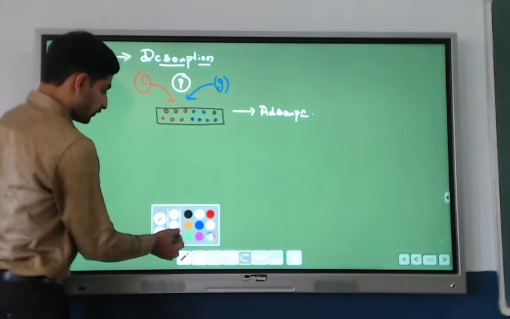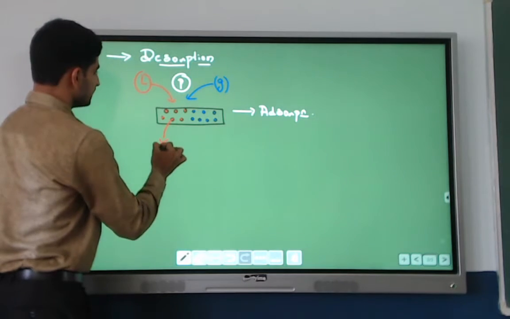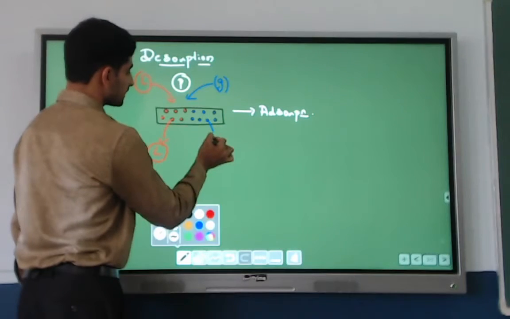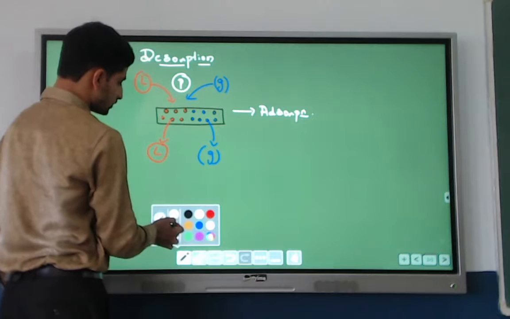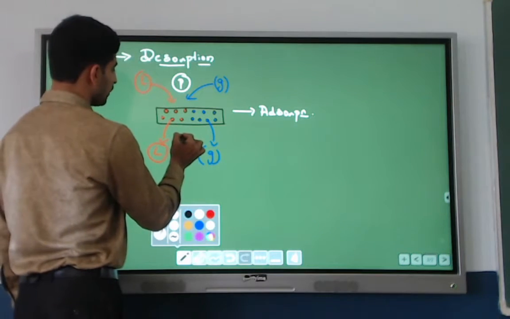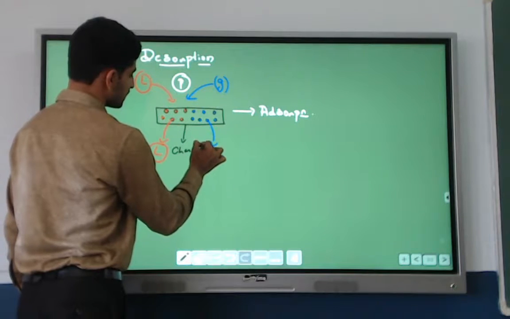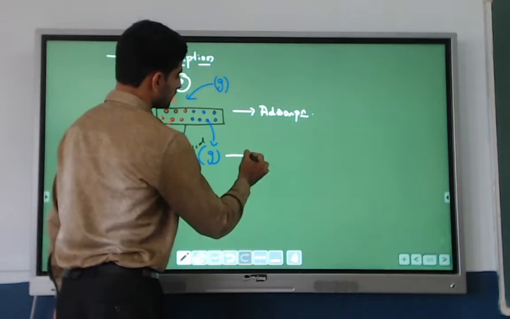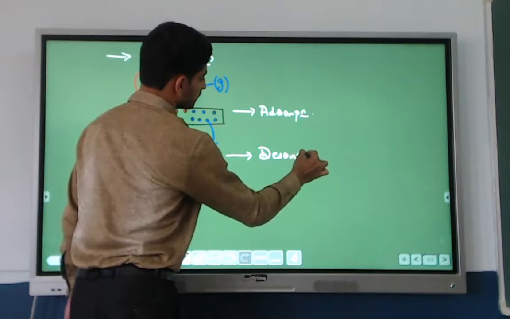Now, if you start removing these liquid molecules, these gas molecules, from the surface of the charcoal, that process is what we call desorption.